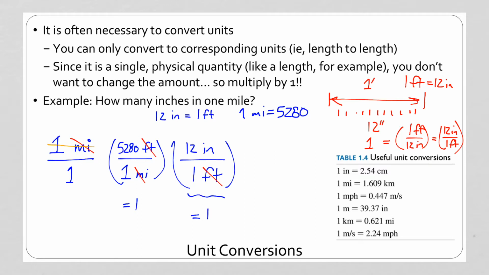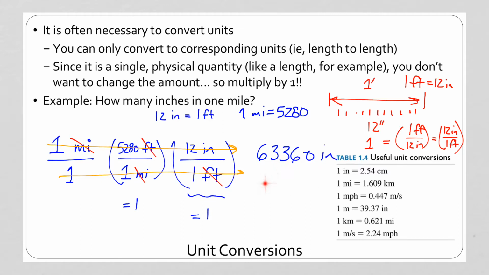Basically, I can just multiply across the top, multiply across the bottom, but my 1 times 1 times 1 just gives me a denominator of 1, so I'm going to just omit that. And so I'm going to end up multiplying 5,280 times 12, and that's going to give me 63,360. My units left over are inches.